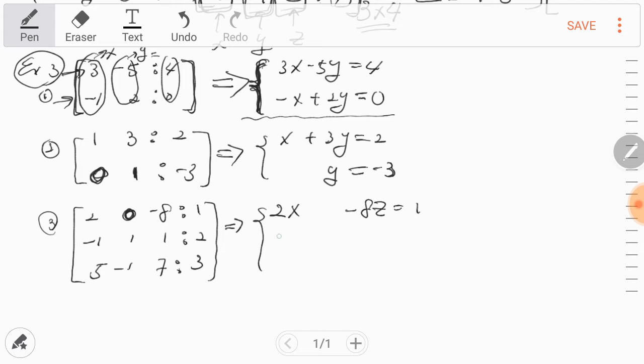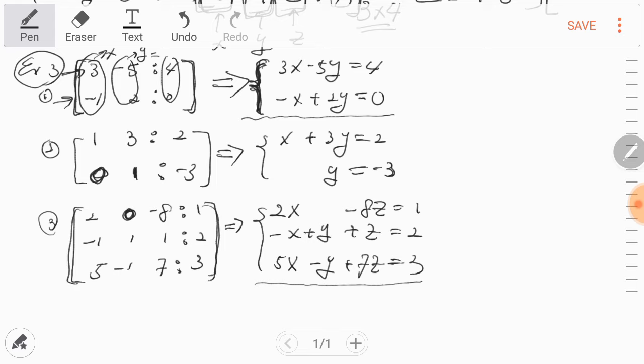Okay, the second equation is negative x plus y plus z equals 2. The third equation is 5x minus y plus 7z equals 3. So this is the system of equations of the third matrix.